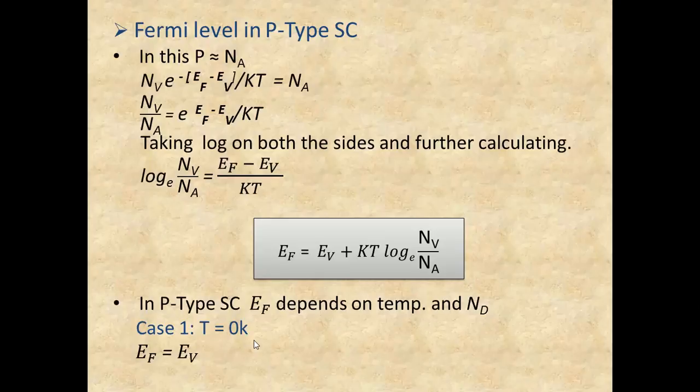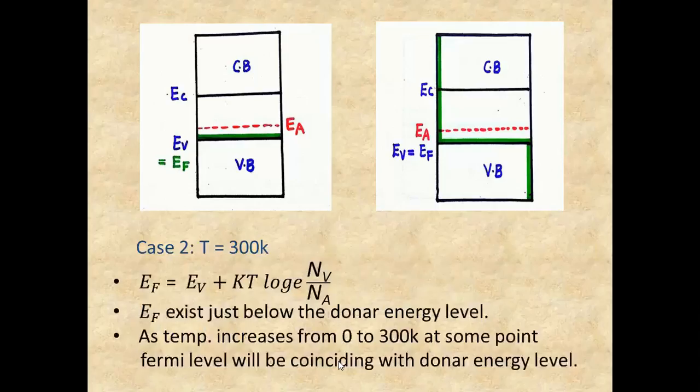Again, when temperature is 0 Kelvin, everything is the same. The figure says that your electron and hole concentration is 0, so there is no conductivity. And in p-type semiconductor at 0 we will again be working as an insulator.